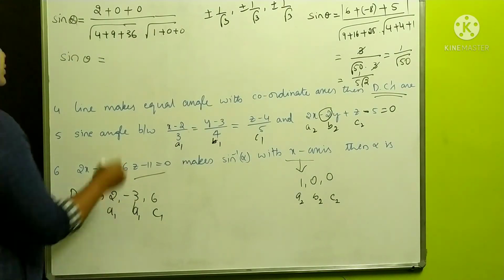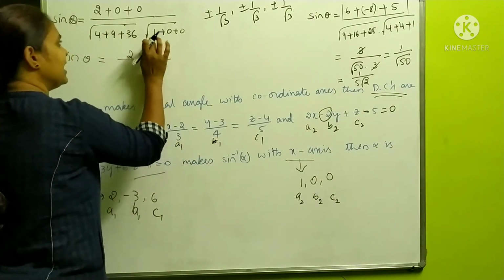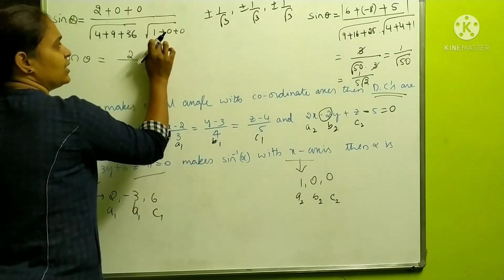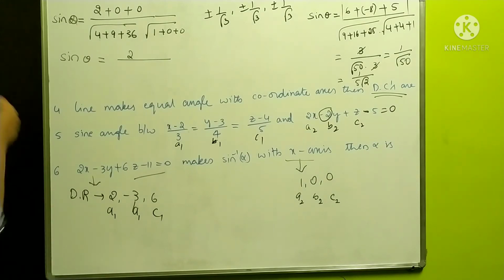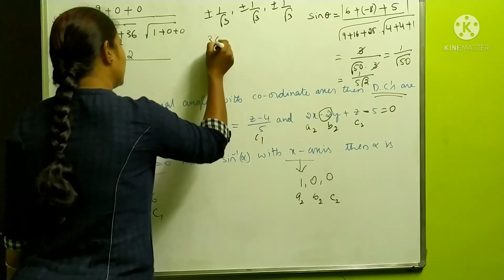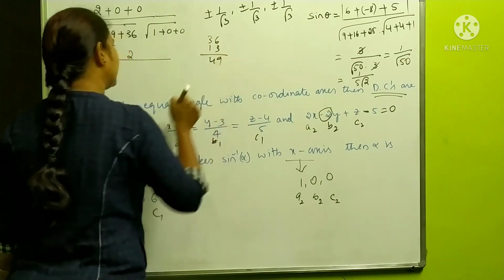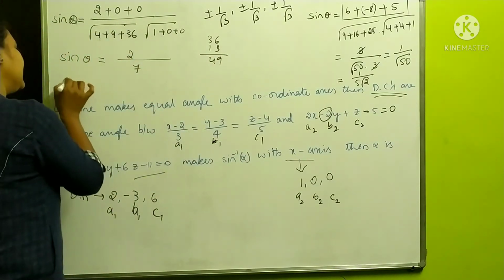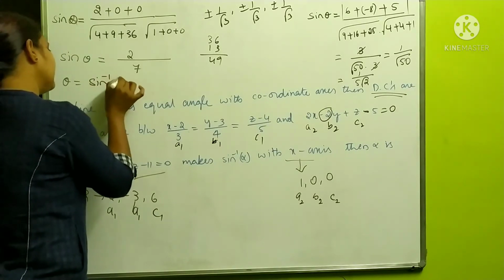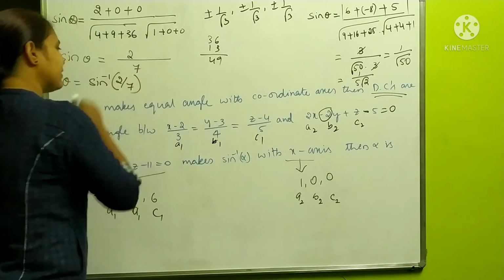What you have in the numerator is 2, divided by, this is going to become 1 only. So this you have to simplify. How much will it be? 9 plus 4 is 13, plus 36 is 49. Root 49 is 7. So theta is equal to sine inverse of 2 by 7.